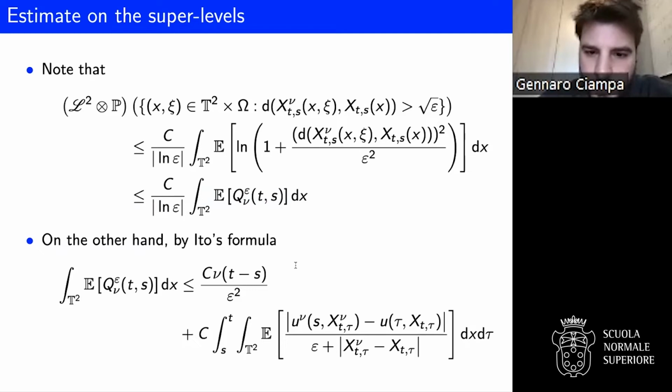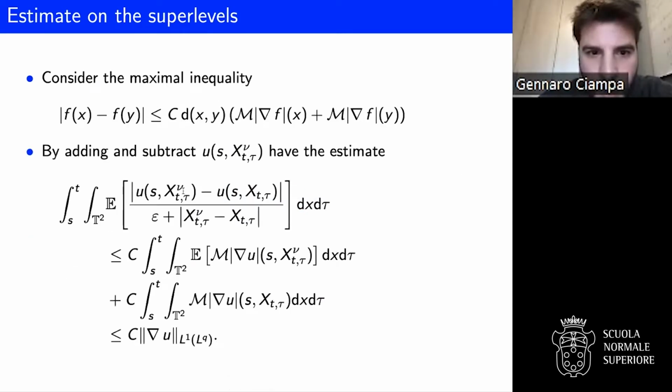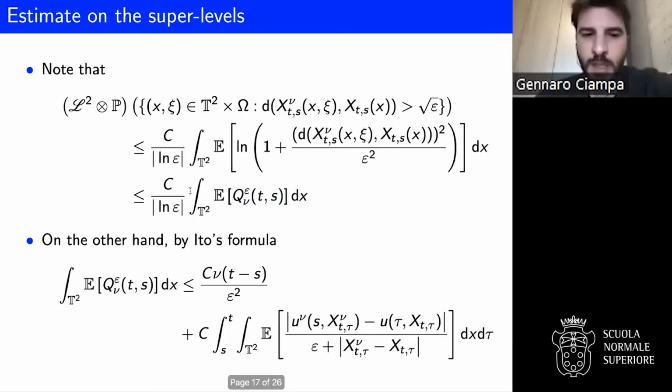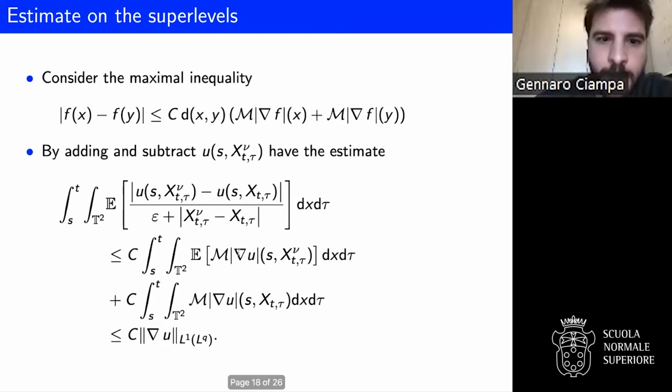So the idea now is to find a uniform bound, a proper bound for this term from above. Continuing here, we split this into two terms. For the first one, we use this inequality on the difference quotients, which relies on the maximal function.